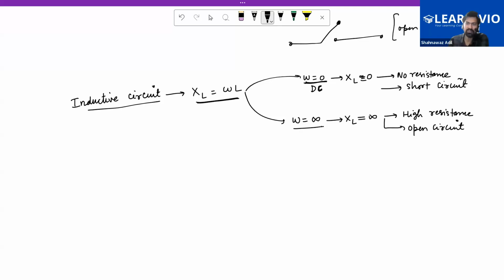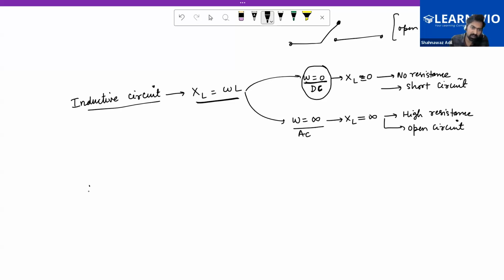So for high frequency, for AC current, the inductor will provide very high resistance. In an AC circuit, the inductor will try to oppose the flow of AC current. It will provide no resistance to DC current, but it will provide a very high resistance to AC current. So that is all about the inductive circuit.